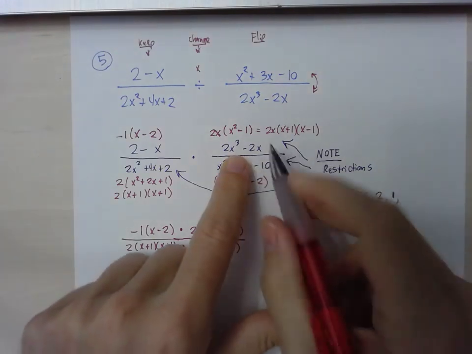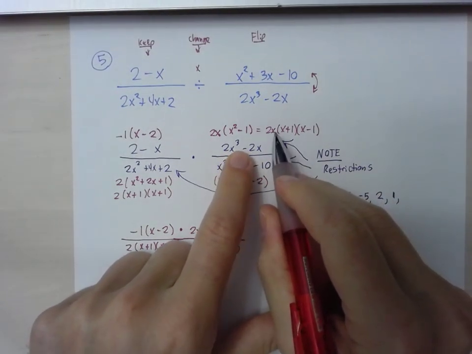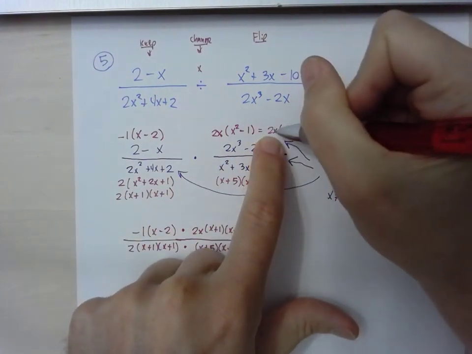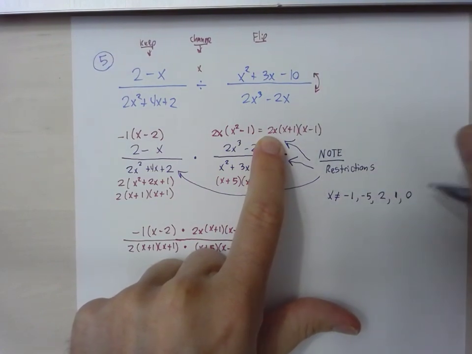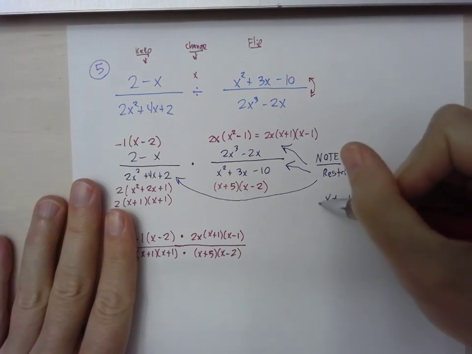And also you have a 2x hanging out. And if 0 is the value in there, then that's going to make that 0. So anytime x is by itself or just with a number but not inside of parentheses, that's going to be 0. So we have a lot of restrictions. I'm not going to write the domain out for that, but those are your restrictions.